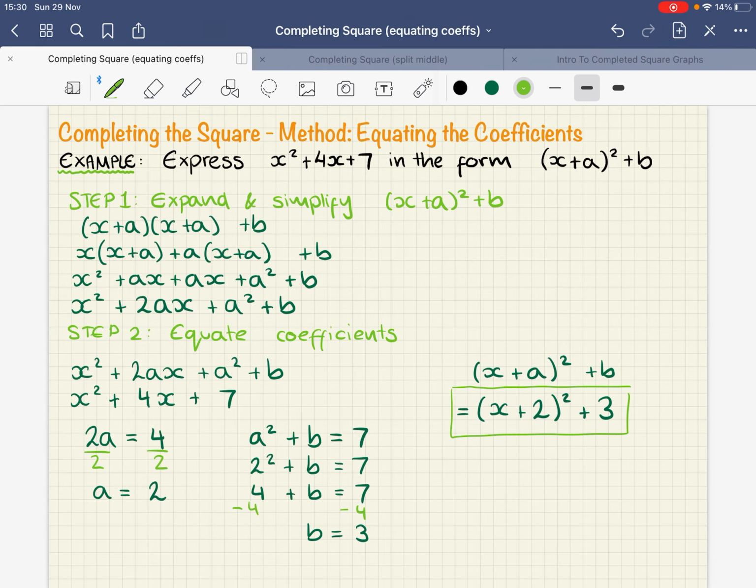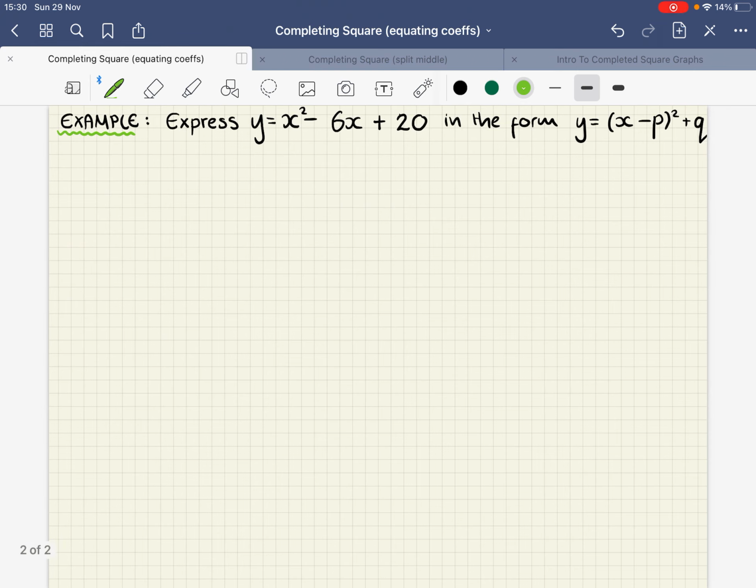So let's take a look at another one then. So here I've got express y equals x squared minus 6x plus 20 in the form y equals x minus p squared plus q. Here I've got a little added bit of this y equals, and essentially I can just ignore it, but make sure I remember to put it back in my final answer at the very end.